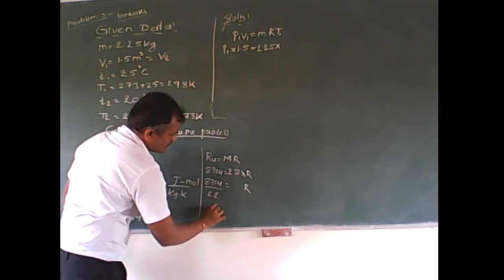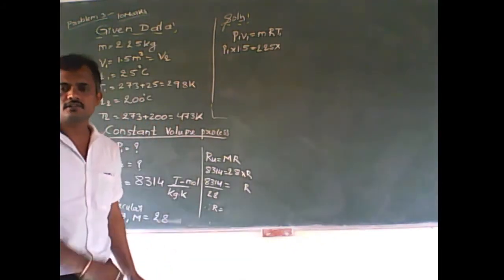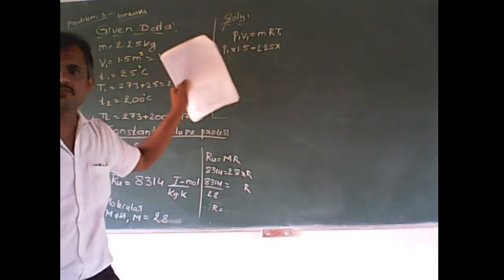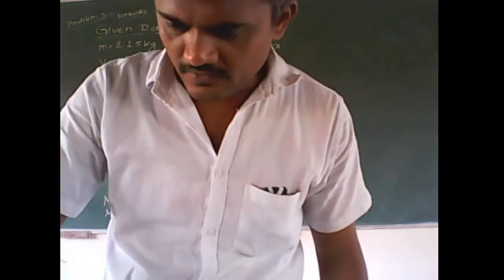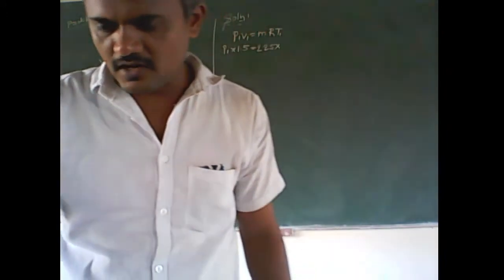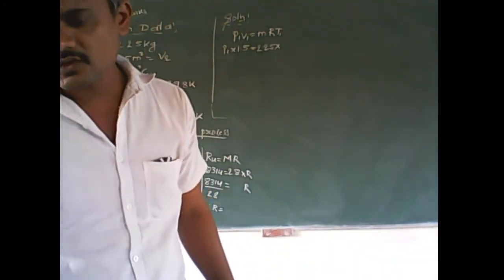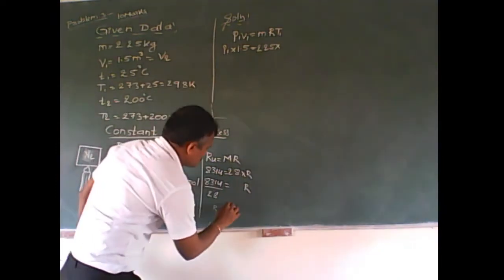First we will get the value before we substitute in the main equation. It's a side calculation. After calculation, I got the value of R as 296.92.